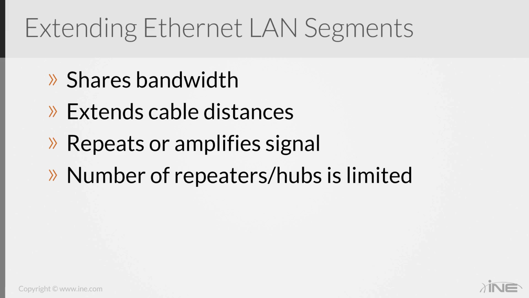Typically, if you know prior to deployment that the run is going to be longer than 100 meters, I will try to use, wherever possible, fiber optic cabling. Fiber optic doesn't have the distance limitations that Ethernet does.